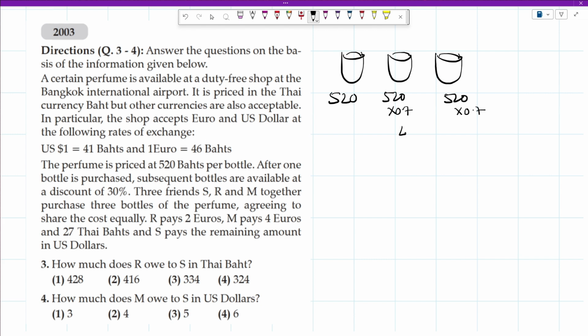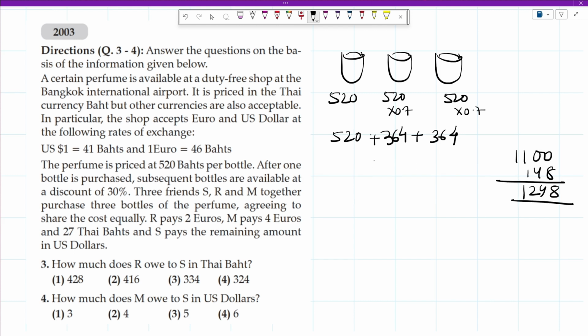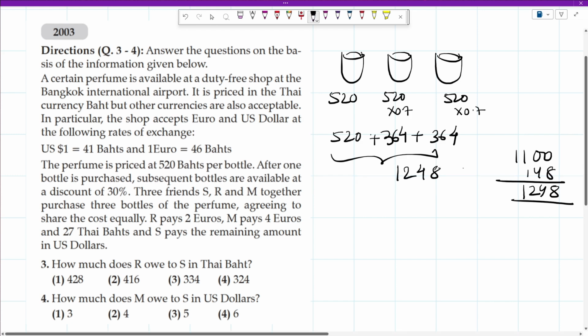So 520 into 0.7 is 364. 520 plus 364 plus 364 is 1248. So the total is going to be 1248 Thai baht.